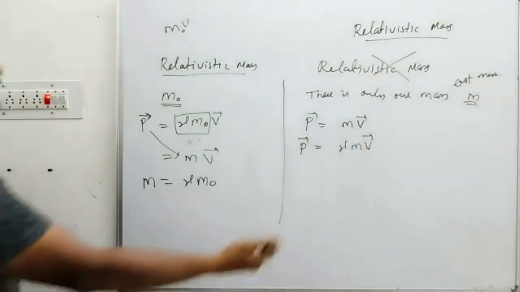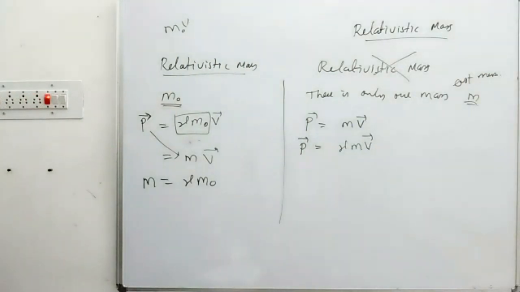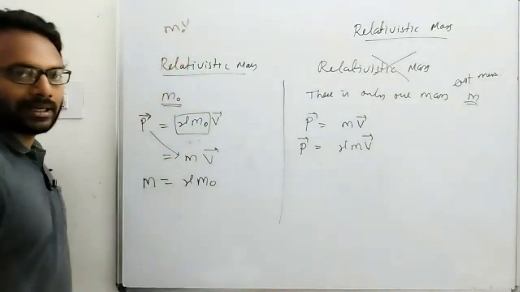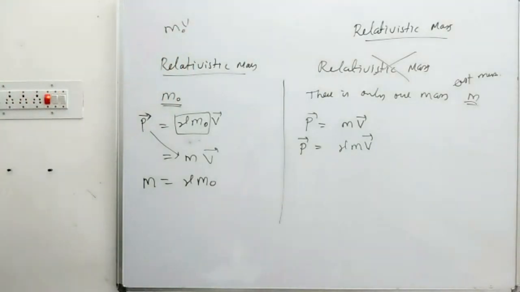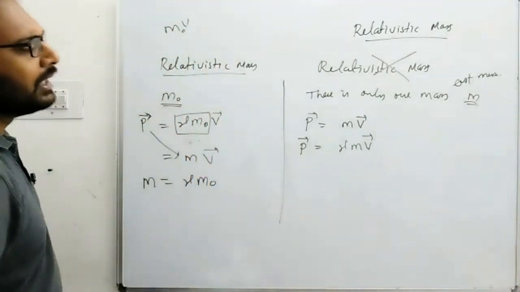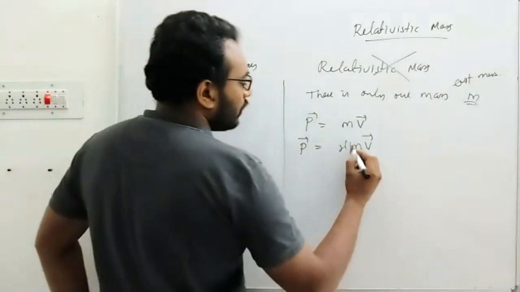Now, this is the notation used in all modern textbooks. If you look at electrodynamics by Griffiths or even Arthur Beiser, or any modern textbook on relativity, electrodynamics or mechanics, even Goldstein's classical mechanics, there is no confusing relativistic mass thing. So mass is not relativistic. This quantity is Lorentz invariant.